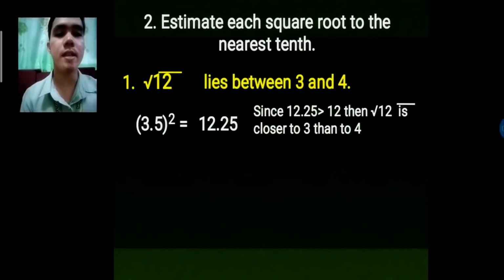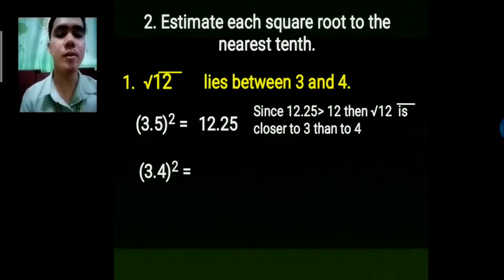Since 3.5 is in the middle of 3 and 4, and when you square it, that is 12.25, we can say that the square root of 12 is nearer or closer to 3 than to 4. Okay? Closer to the lesser integer.